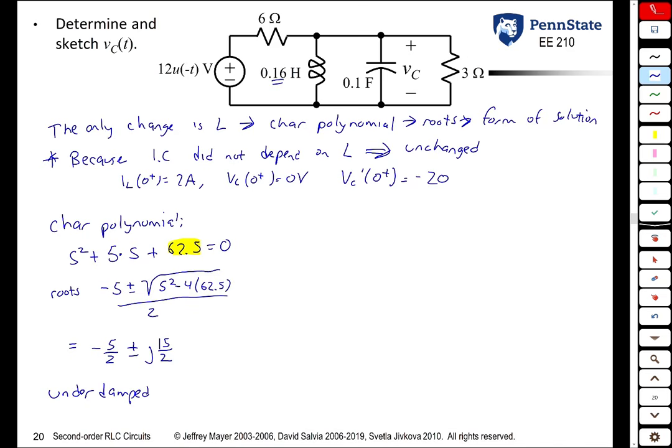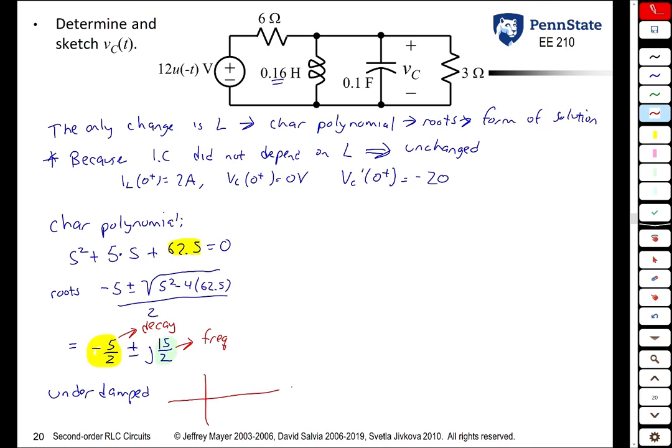Remember, in an underdamped RLC circuit, the real part of the roots dictates the decay, and the imaginary part of the roots dictates the frequency of oscillation. What we're going to end up with is a decaying sinusoid.